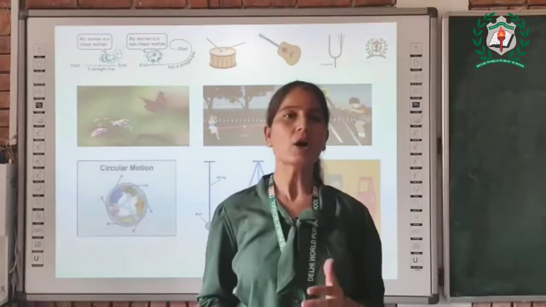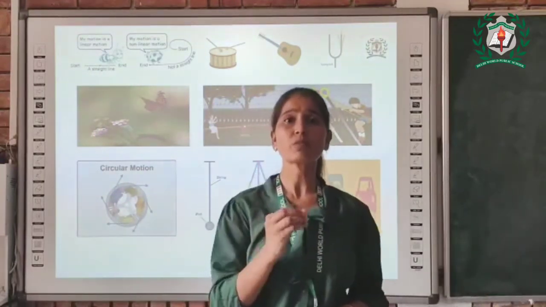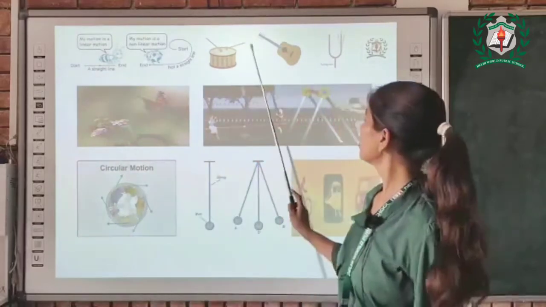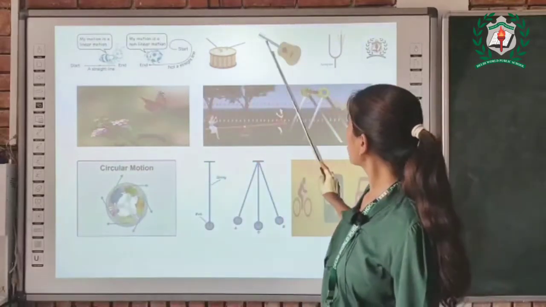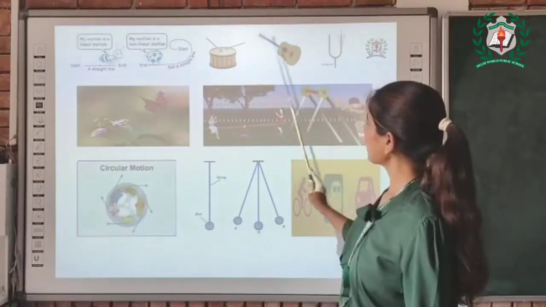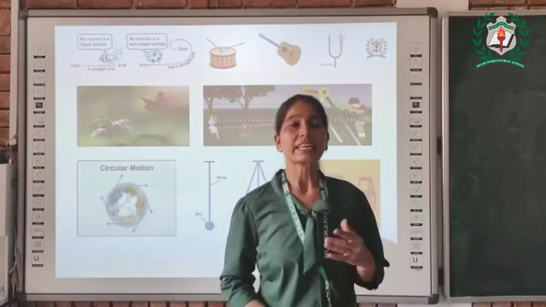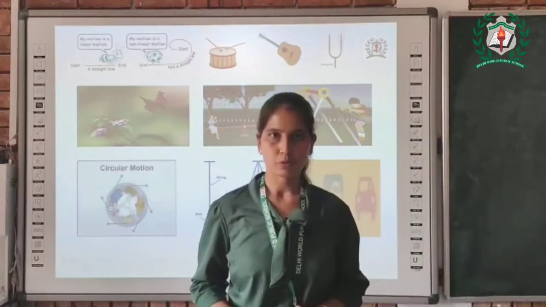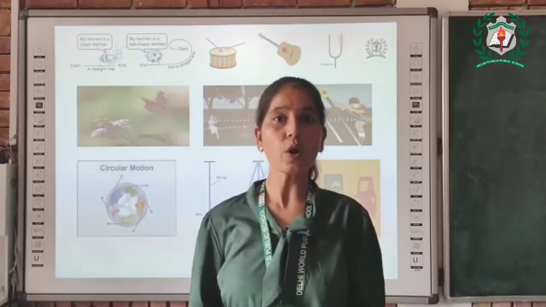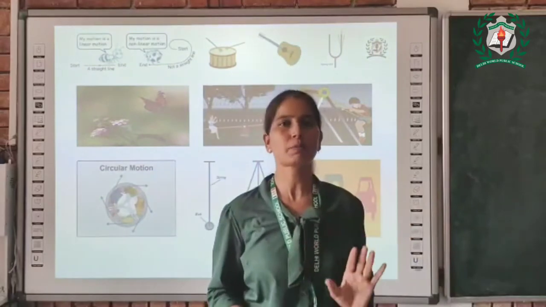Now we'll talk about vibratory motion. What is vibratory motion? When an object moves to and fro very fast. For example, the string of this guitar, this tuning fork or this drum. These are all examples of vibratory motion. Next is oscillatory motion. What is oscillatory motion? When an object oscillates to and fro along the same path again and again with the same speed.